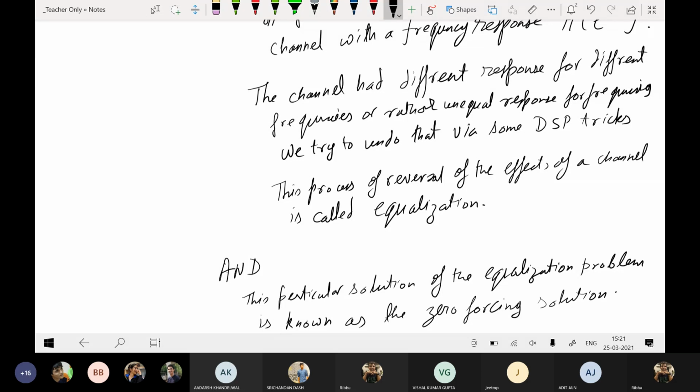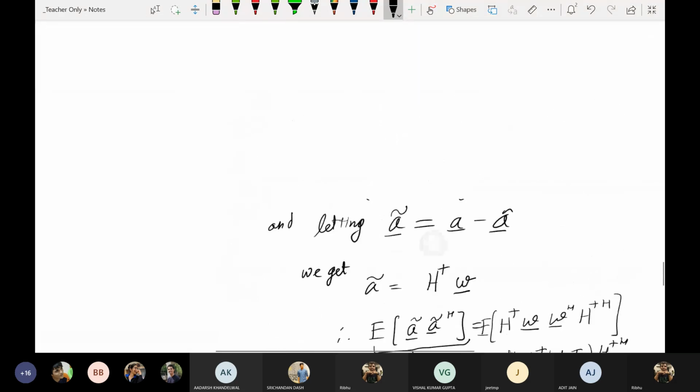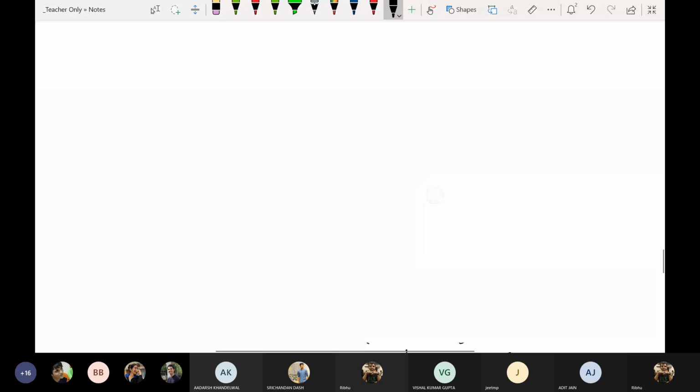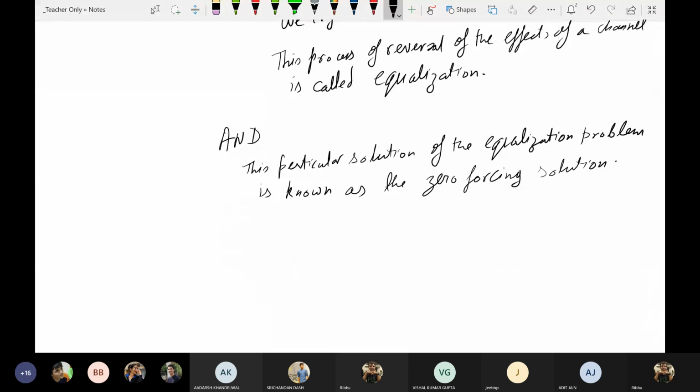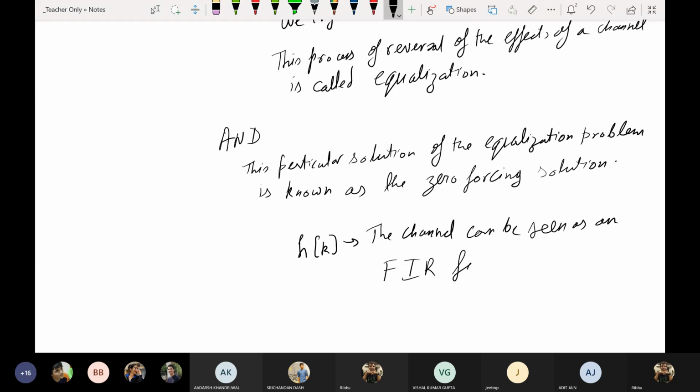Yes. Let's answer your question step by step. So we have H K. Channel can be seen as an FIR filter, and any FIR filter will have a frequency response.